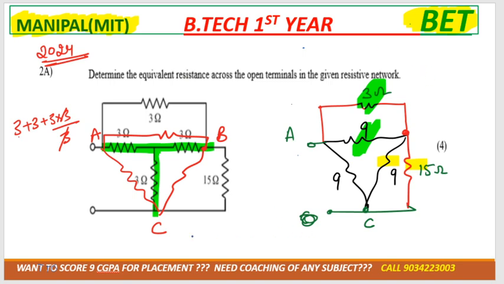So let's redraw the diagram. So this will be 9 ohm as it is, that is 3 parallel 9 and this one is 9 parallel 15. So after this, both these two resistors are connected in series or in parallel? Tell me. They are in series or in parallel? Tell me.